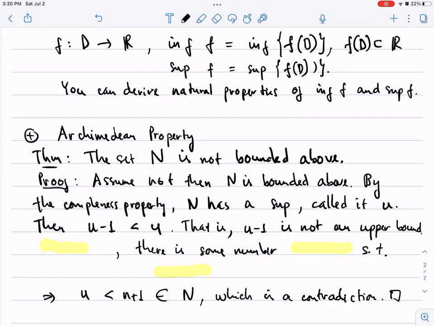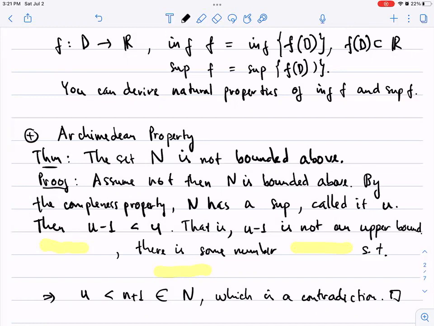Let me give a proof to illustrate how the completeness property is used to obtain this Archimedean property. Again, the proof here is by contradiction.